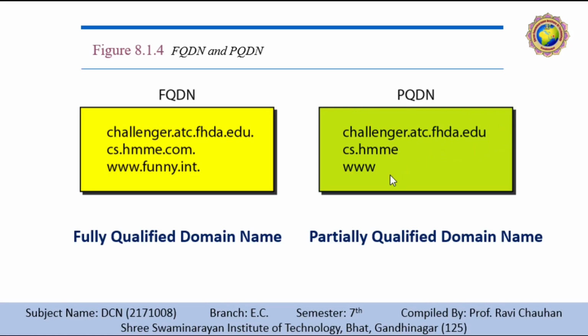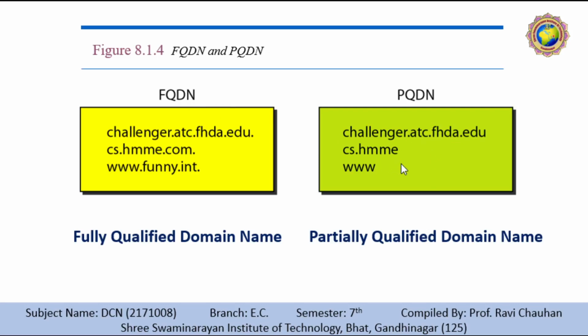A PQDN starts from a node, but it does not reach the root. It is used when the name to be resolved belongs to the same site as the client. Here the resolver can apply the missing part, called a suffix, to create the FQDN.